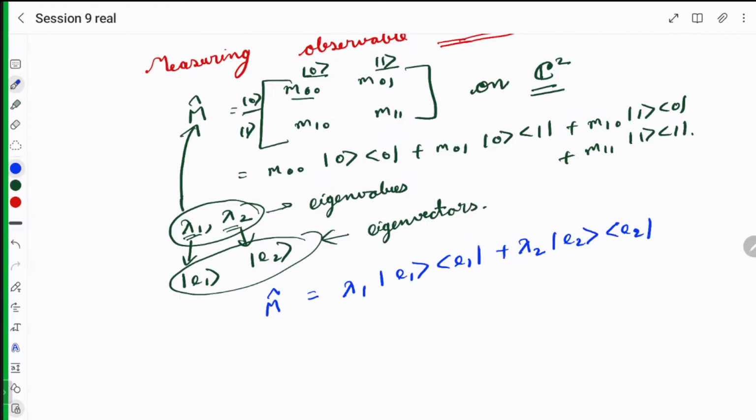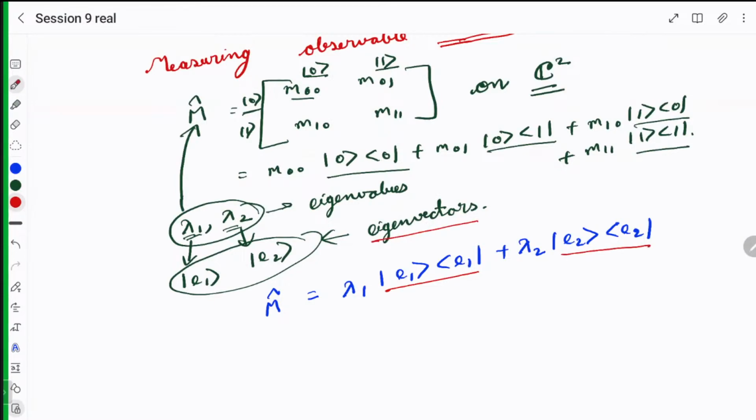Basically, previously we were defining it in the 00, 01, 10, 11 basis, and now we are defining it in a new basis, which is ket E1, ket E2. That is the basis corresponding to the eigenvectors.